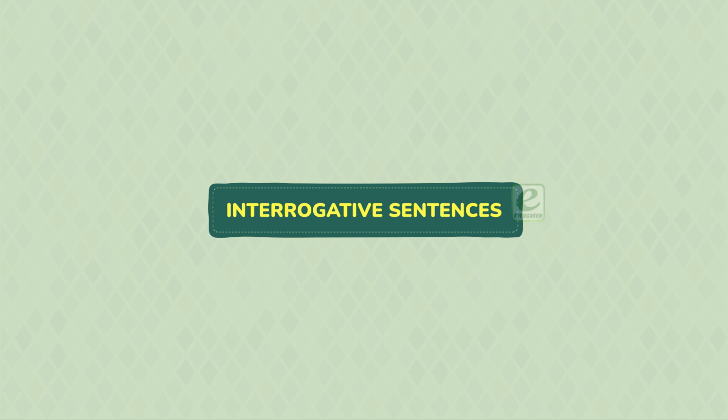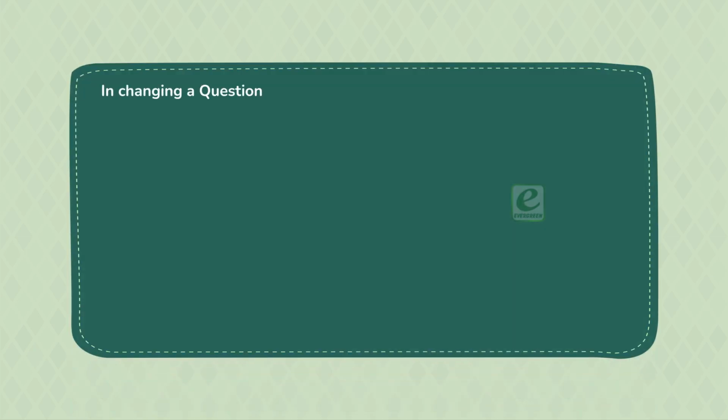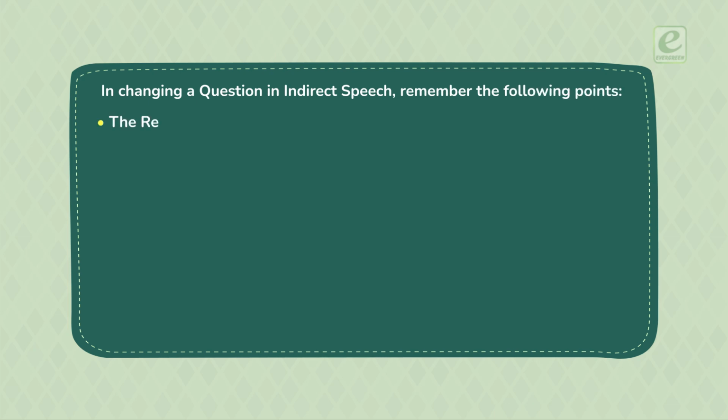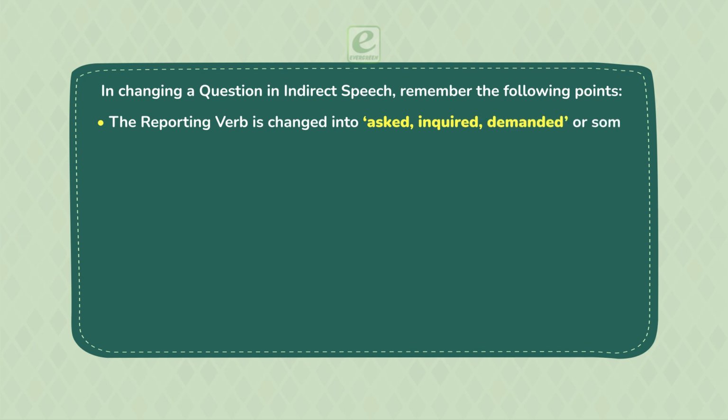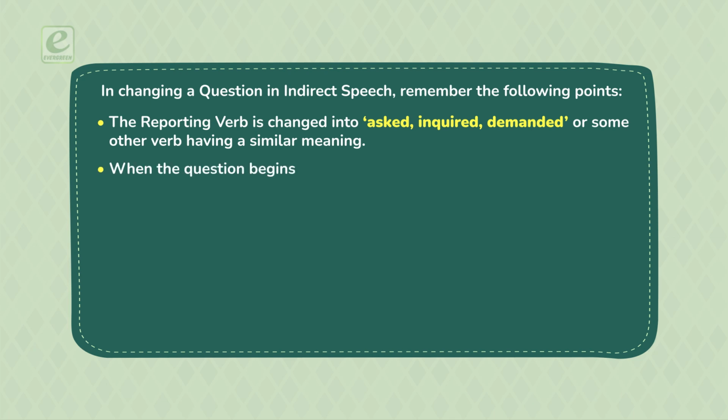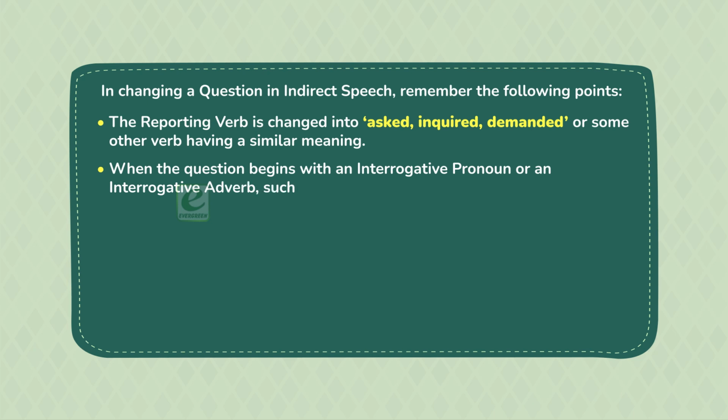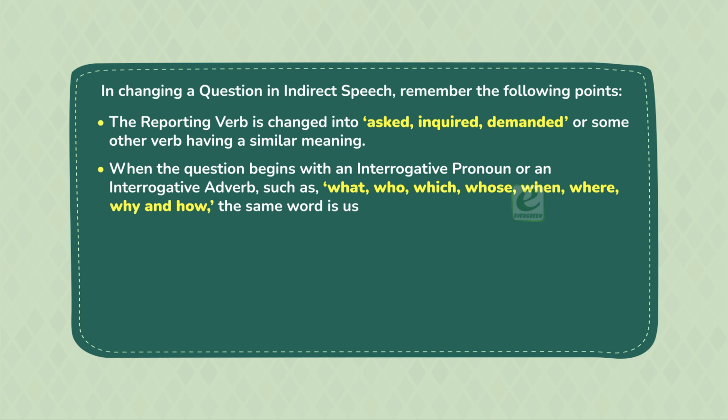Interrogative sentences. In changing a question in indirect speech, remember the following points. The reporting verb is changed into asked, inquired, demanded, or some other verb having a similar meaning. When the question begins with an interrogative pronoun or an interrogative adverb, such as what, who, which, whose, when, where, why, and how, the same word is used to introduce the indirect speech.